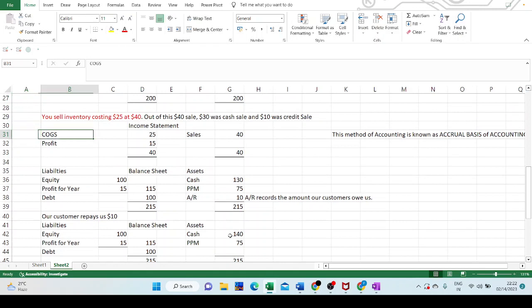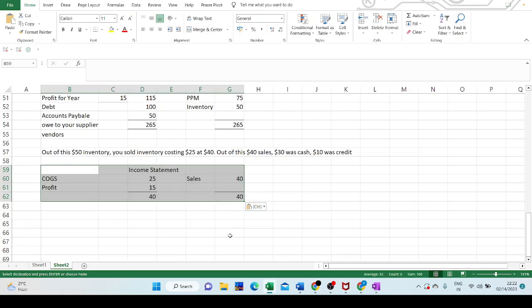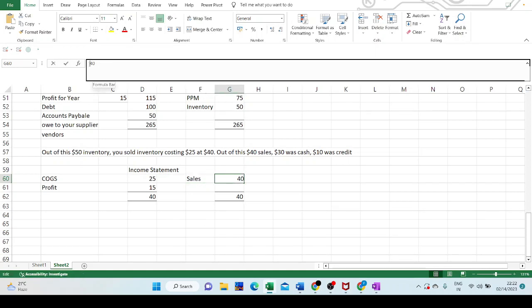So let's copy the income statement. This was my income statement. My previous sales were 40. I made fresh sales of 40, so my sales would become 40 plus 40, 80.